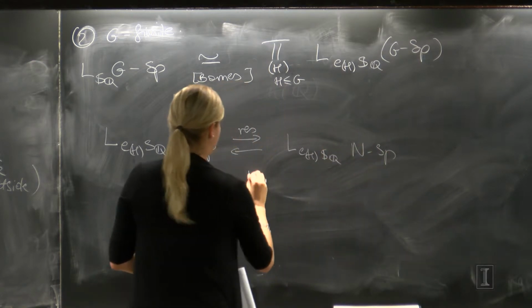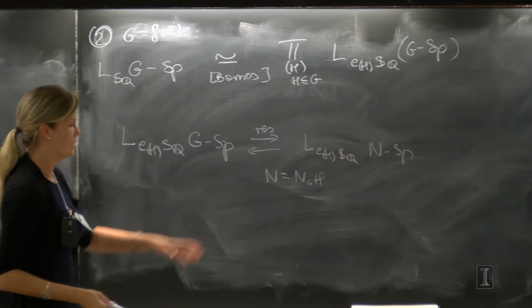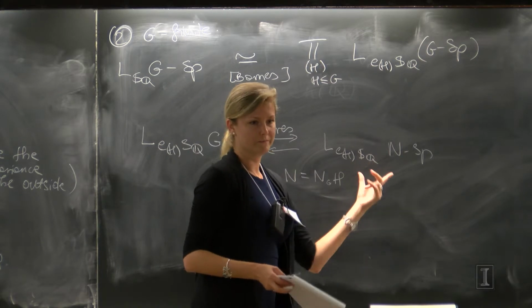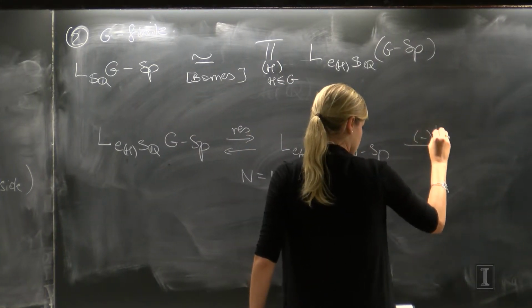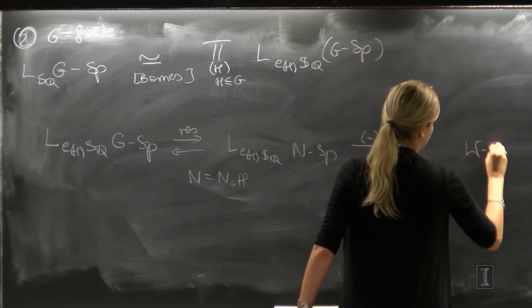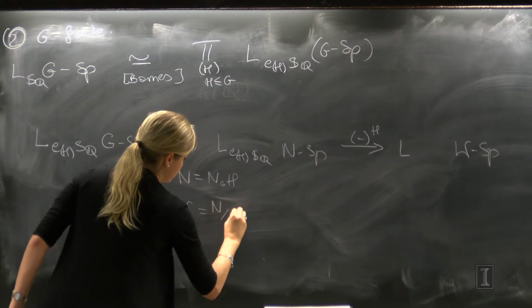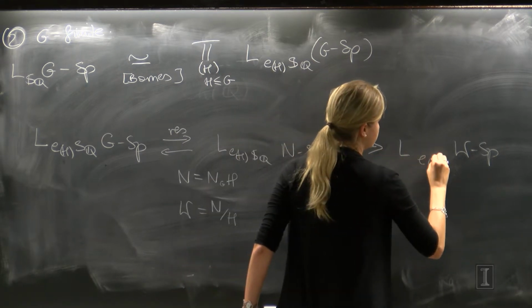N-spectra, where N is the normalizer of H in G. And then I'm going to take H fixed points, okay? So this process is going to land me in what we call W. W is N mod H. Well, let me just write it down.